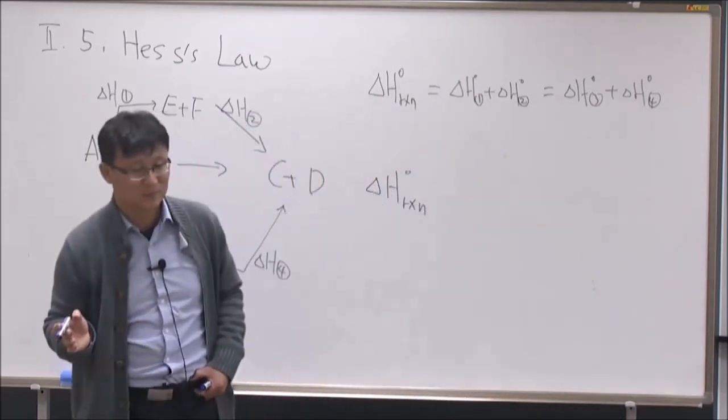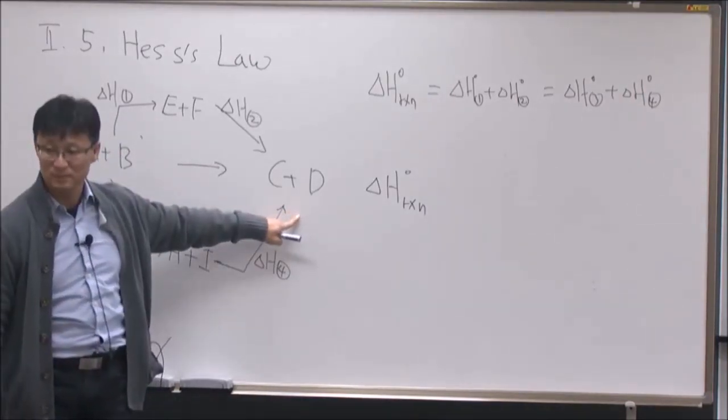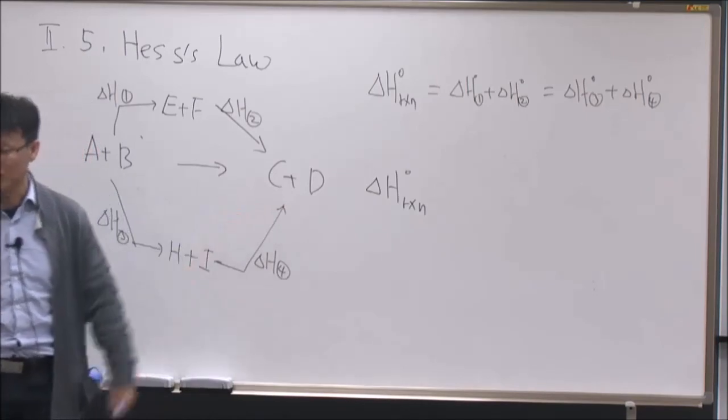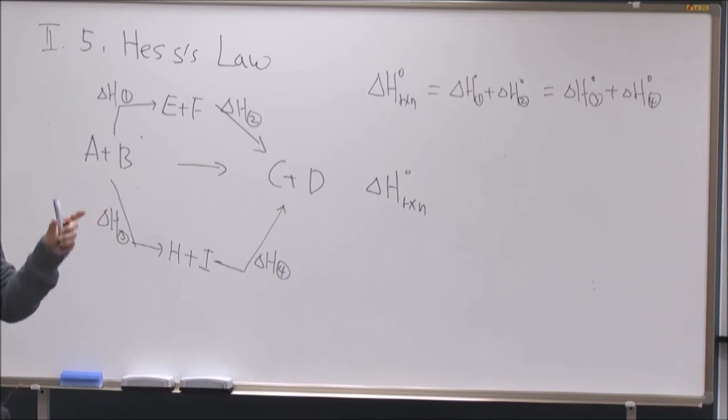That's it. Am I right? Your initial condition, your final condition. If the initial and final conditions are the same, the change of enthalpy is the same regardless of path. That's basically the definition of a state function. So enthalpy, Gibbs energy, entropy, all of them. And Hess simply proved that experimentally; enthalpy is easy to measure.